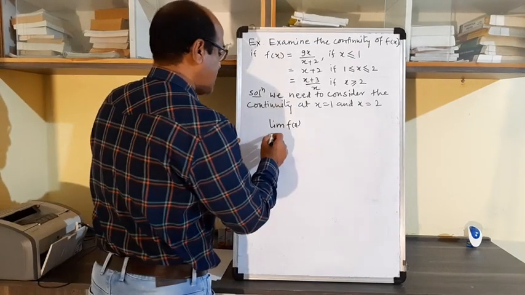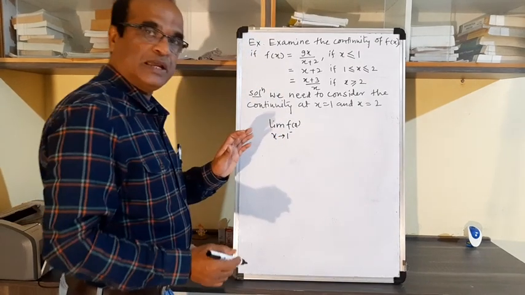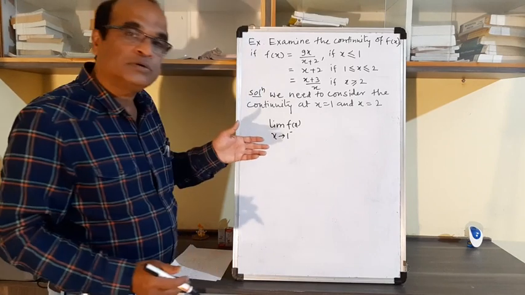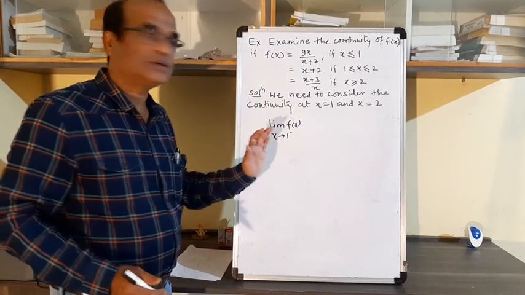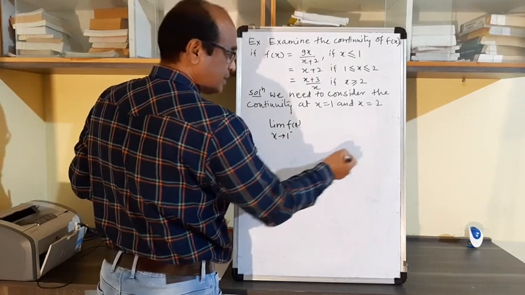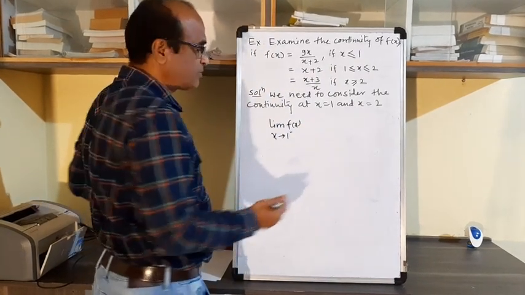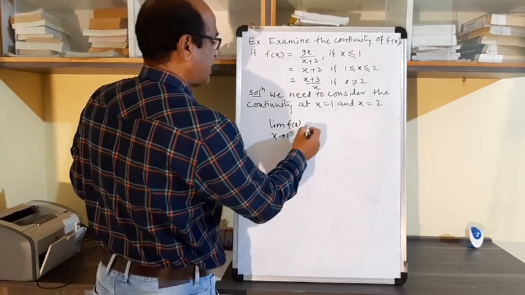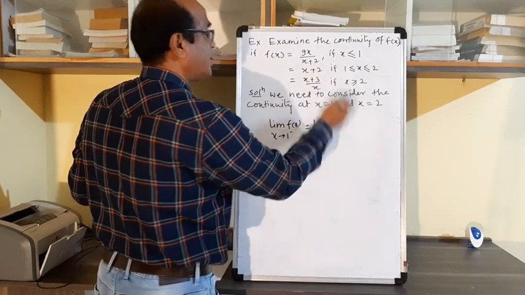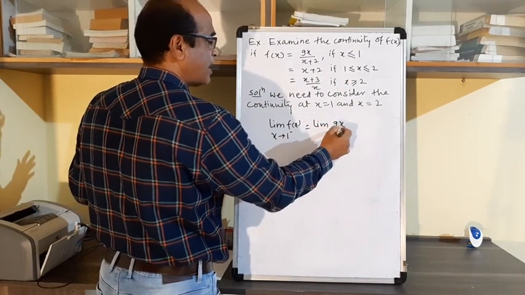That is x tends to 1 minus, so this is the left hand limit, meaning x approaches 1 from the left side, x less than 1 on the real line. Therefore the limit of f(x), the left hand limit, is the limit of 9x divided by x plus 2.